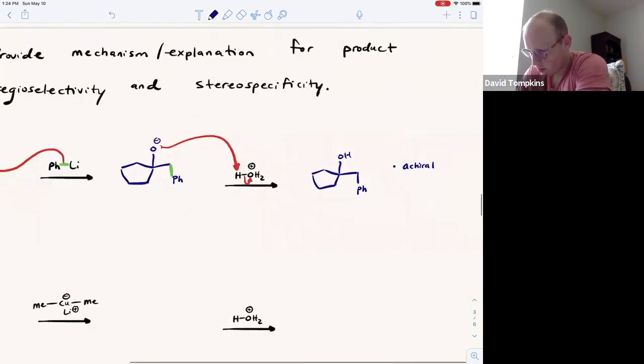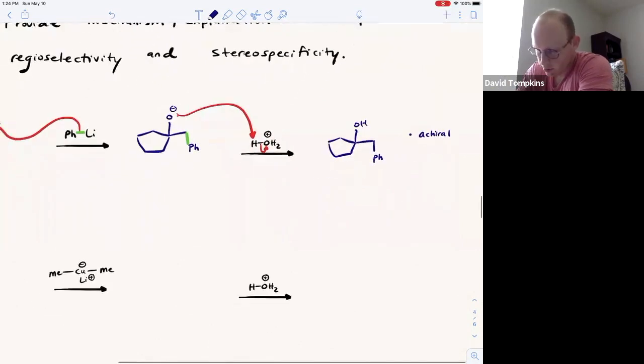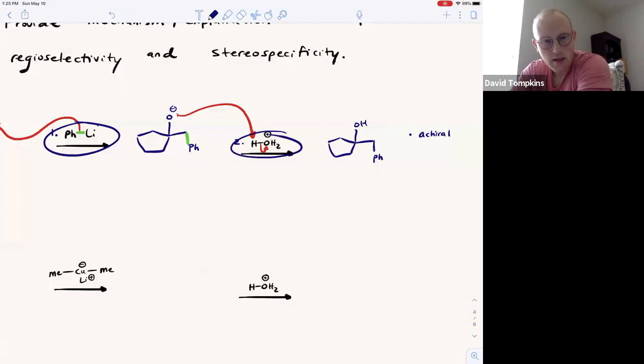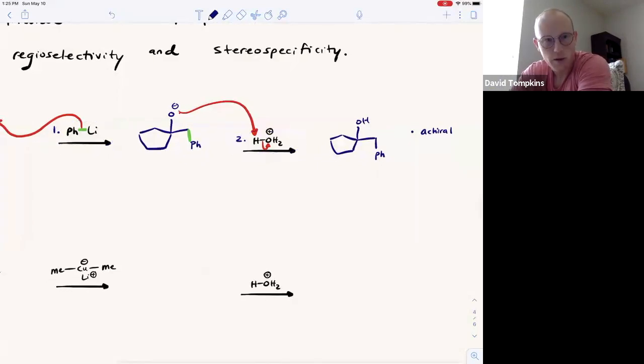You do want to note that these are two separate steps. So step one, add your strong base, good nucleophile, let it react, and then later, after that reaction is finished, you add a strong acid to work it up, okay? It would be incorrect to put phenyllithium and hydronium all in the same step because a strong acid would simply quench your phenyllithium before the reaction occurs.